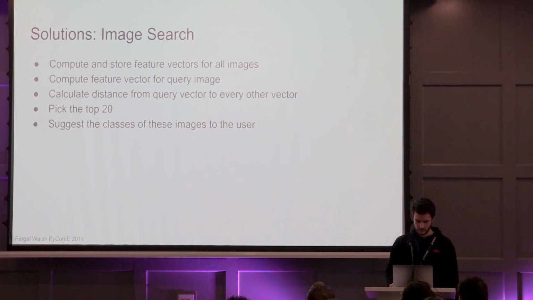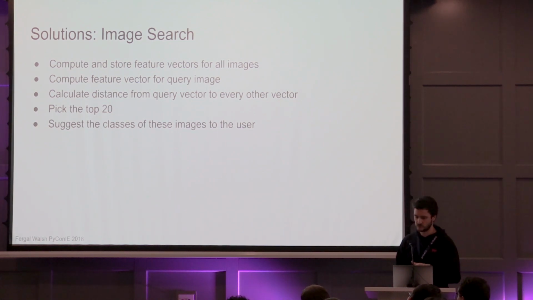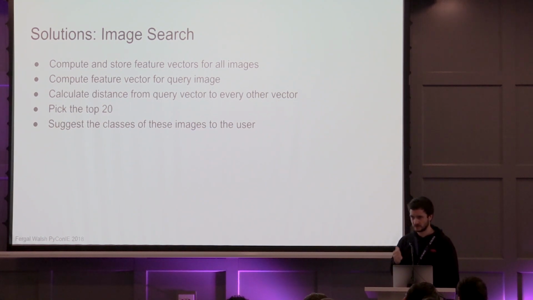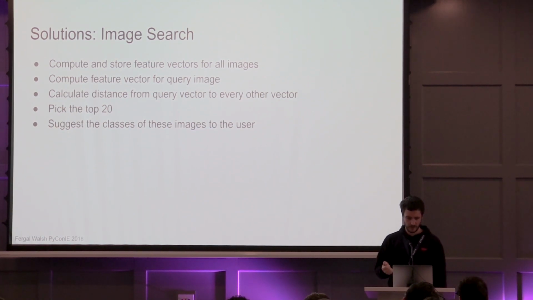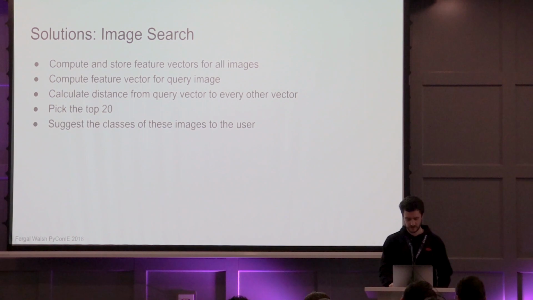But those numbers represent something about the features in those images. So what we did was computed and stored the feature vectors for all the images that we had. And then at query time, we compute the vector for the input image, and we compare that to all the existing vectors and find the most similar ones, and then use those to suggest the classes.